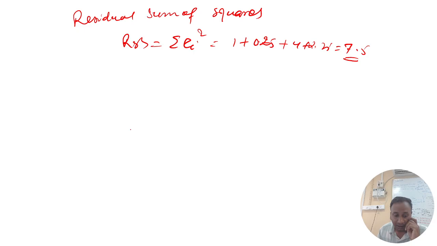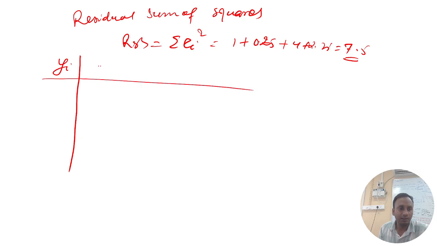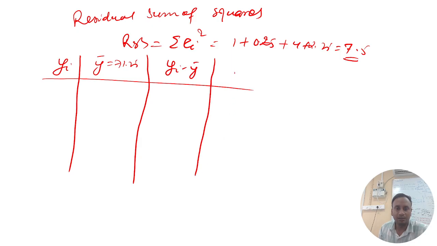Now what do we have to get? TSS. So in that case, yi we have, and the mean Y bar is 71.5. Then yi minus Y bar, whole square. So how much is the value?